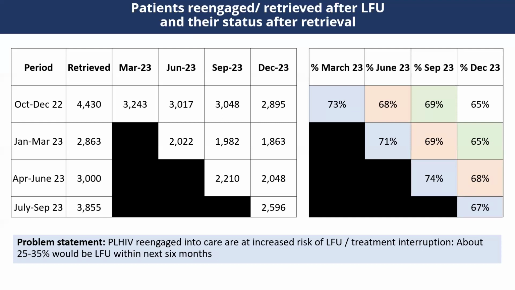The learning from this slide is that patients who are coming back are really very important to us, because they are going to interrupt their treatment again within the next 3 to 4 months. You see that almost 40 to 45% of these patients will definitely have a loss to follow-up status within the next 2 or 3 quarters.